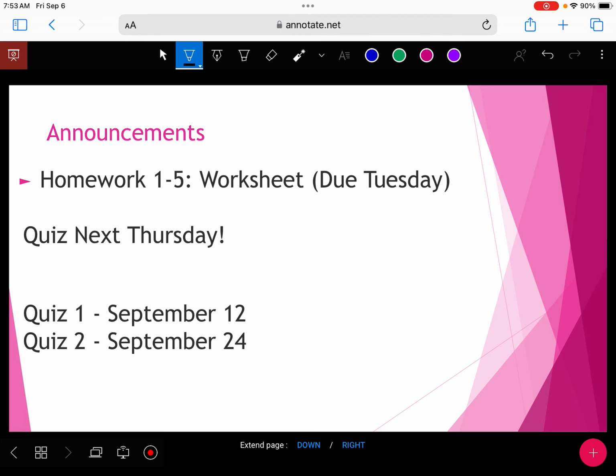So this is also what we're going to talk about on Monday. So there are 3 graphs of lines on here, and review questions, but there's 4 things on here that we haven't talked about yet, and we're going to look at inequalities on Monday. So if you're still finishing up homework 1-4, that's fine.